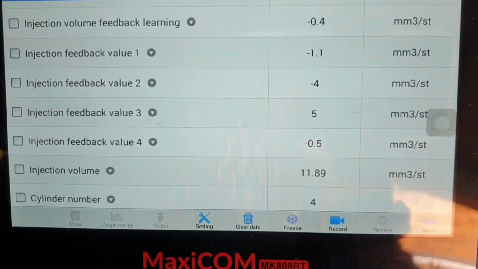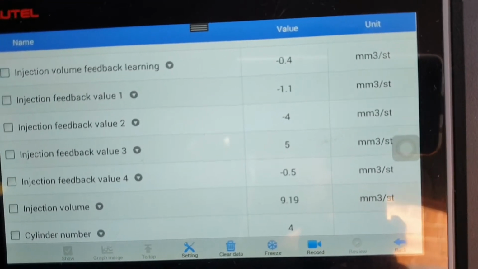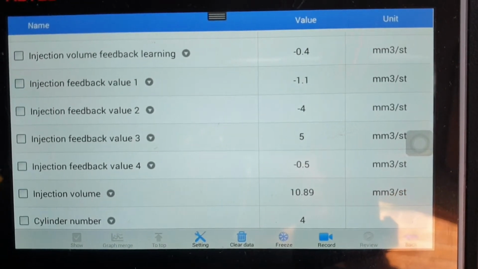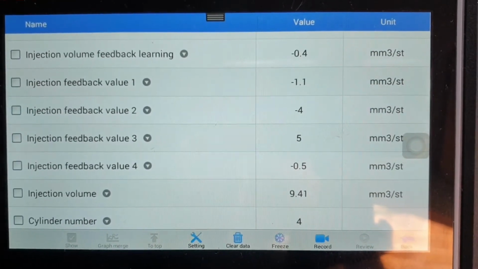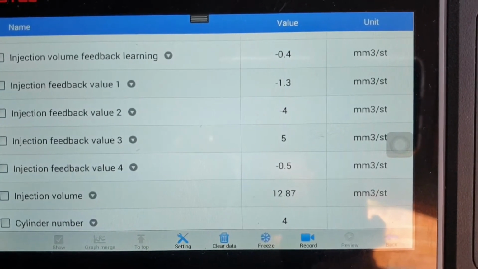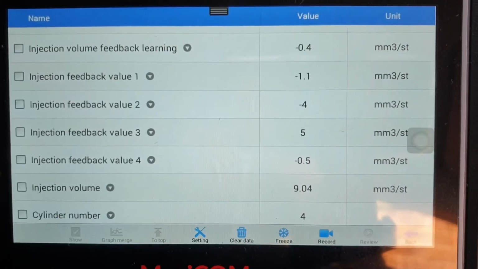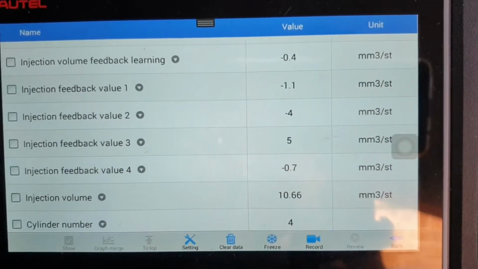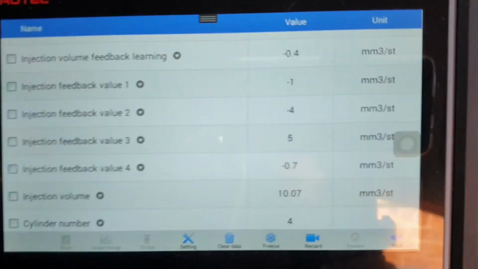So first I'm going to investigate the manifold absolute pressure problem, or the P0107, I think, this code, and then after that we are going to investigate the fuel injector problem as well.